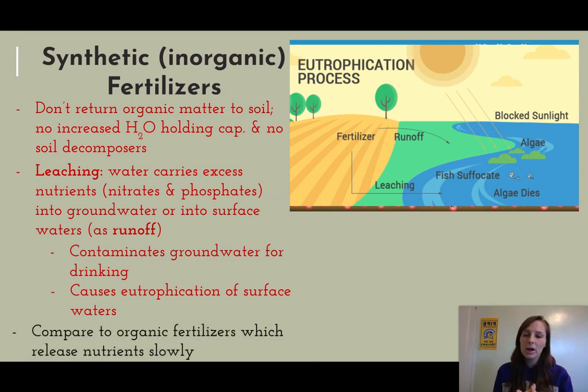Now, if you compare this to organic fertilizers, such as using manure, the main difference is that organic fertilizers release nutrients much slower because they're tied up in that manure, as opposed to the straight fertilizers going onto it.